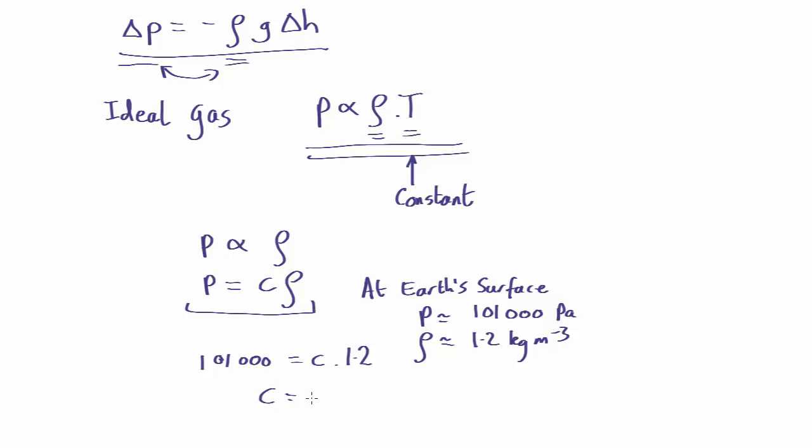So C equals 101,000 over 1.2, which is roughly 84,000. And the units of that, I guess, are going to be pascals, meters cubed per kilogram. Not that it matters too much at this point. So we now know an equation relating pressure to density.